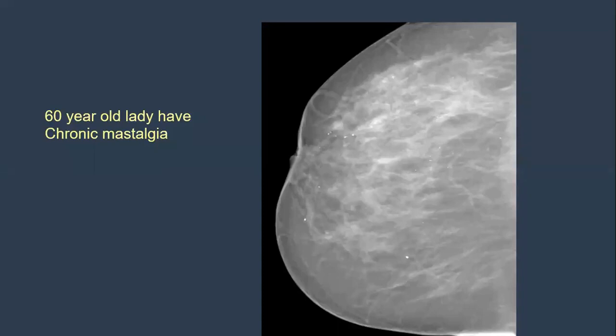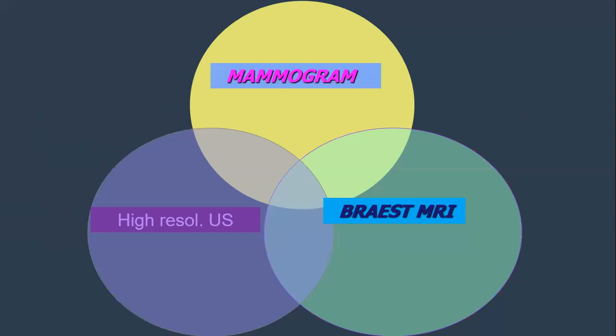Okay, the calcification and the architectural distortion are due to this. Look here, these are all periductal mastitis. Secretory mastitis, periductal inflammations. Okay. What did you see here?